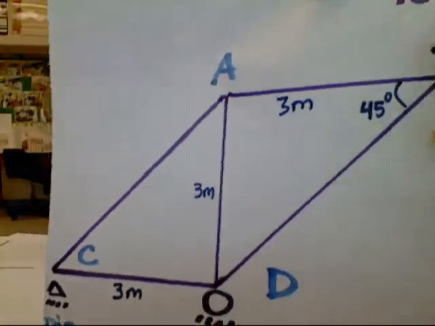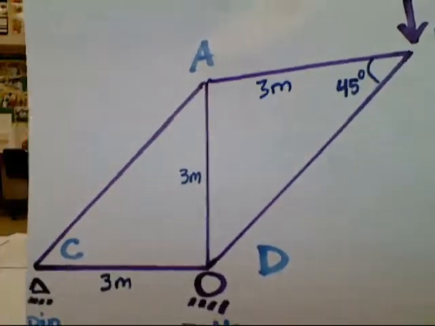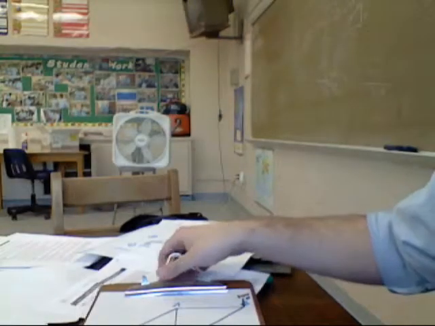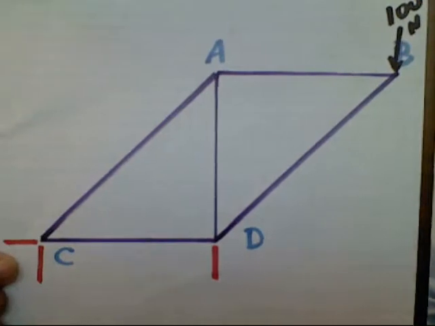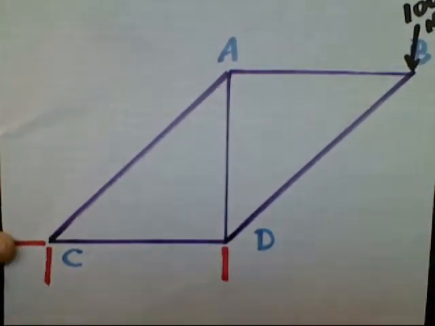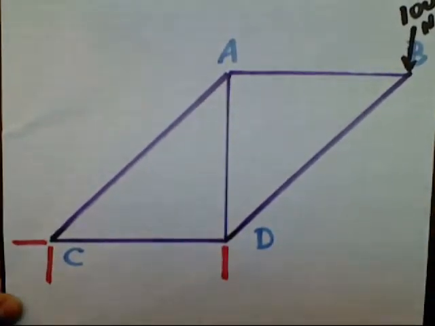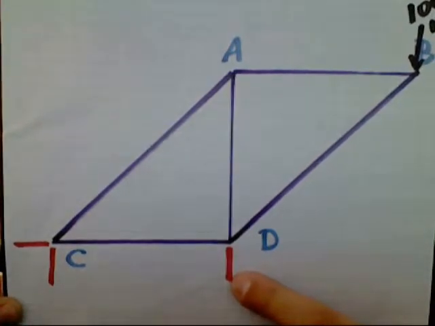And the roller connection, like the one here at D, is always replaced by one force. So you can see here at C, the pin connection got replaced by two perpendicular forces, and at D, the roller connection with one force.